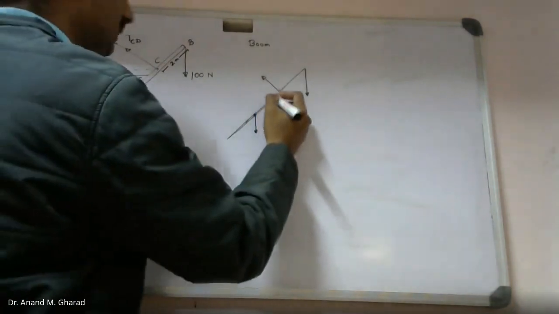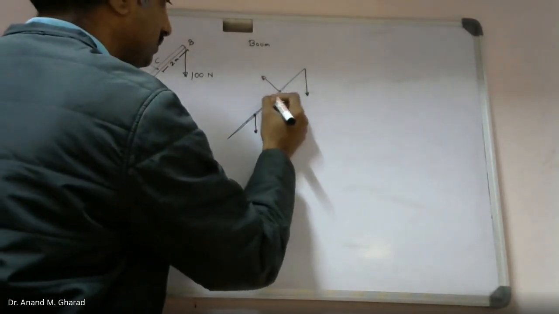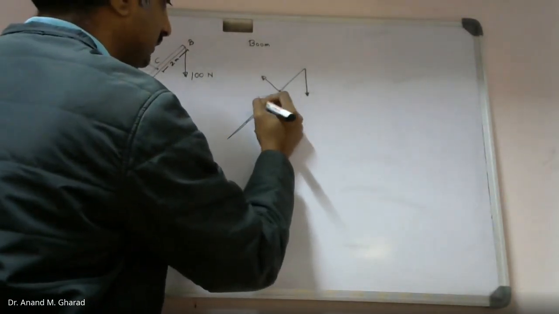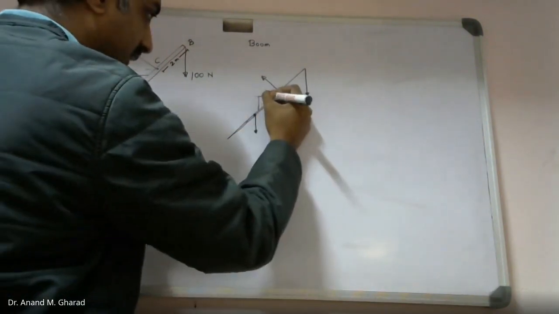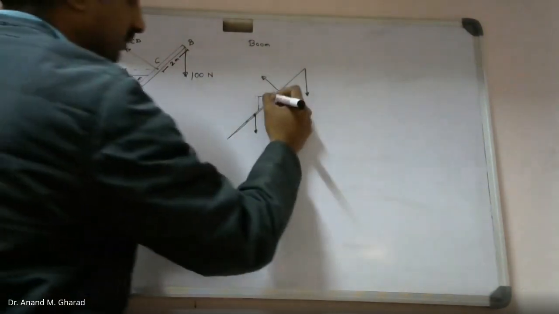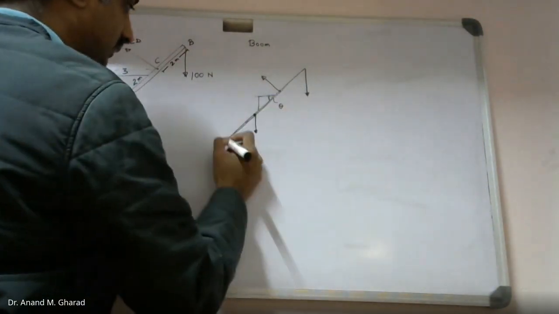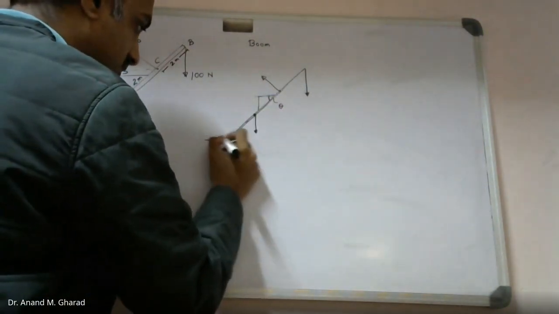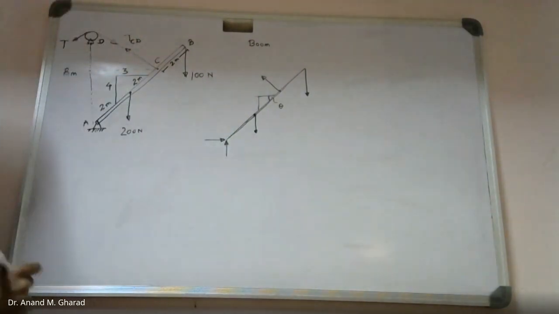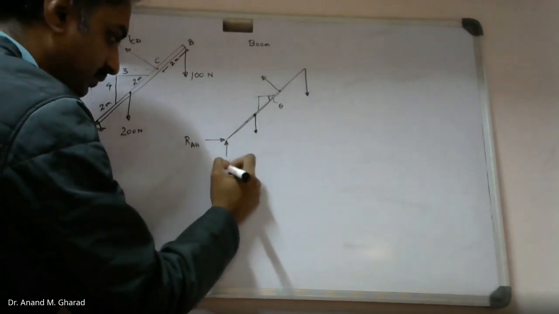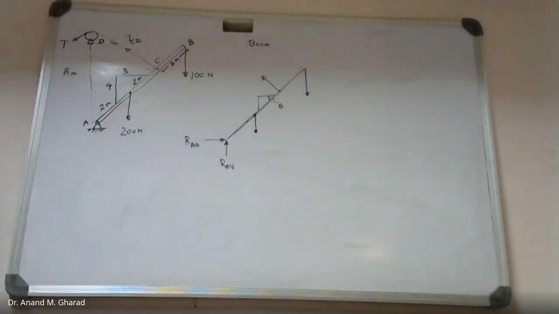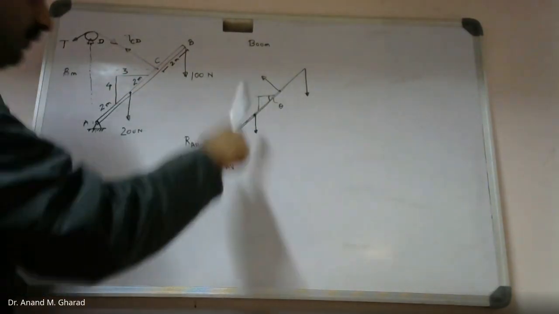So since the information related to the slope is given, you can identify the theta value. Let me call this theta. Then the reaction forces, whatever are there, you are supposed to assume at point A. I am assuming it to be like this, positive. So this is the free body diagram.